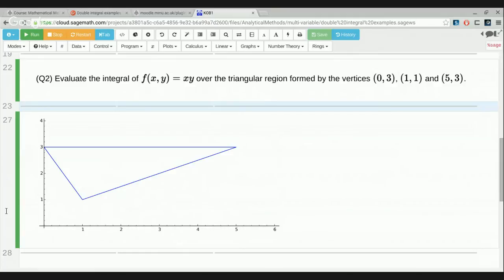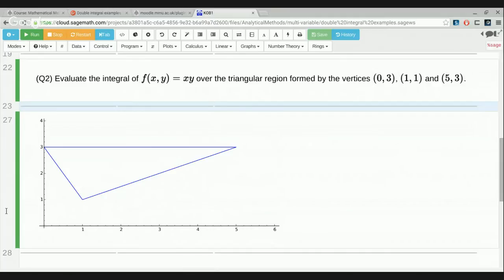So that would require 2 double integrals. Whereas if we integrate first with respect to y, it'll be a lot easier. So we make the outer integral be with respect to y. You look at the region and ask, where, with regard to the y variable, is the region? Well, the region stretches from y equals 1 up to y equals 3.